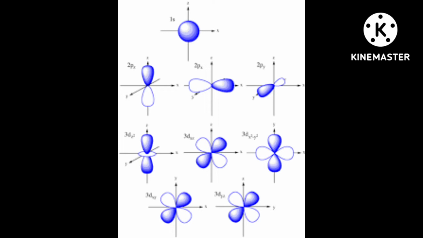The boundary surfaces for psi square and psi are identical. Okay, this is an important point I have told you. Now I am going ahead.